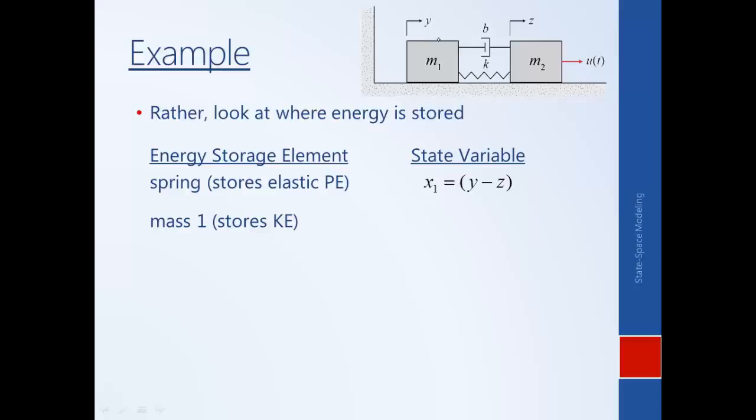Since its position is defined by y, its velocity is y dot, and that defines how much kinetic energy it has. And so again, just like the spring being compressed or stretched will affect the behavior of the system going forward, if this block is initially moving or is initially at rest, that will also affect the behavior of the system going forward.